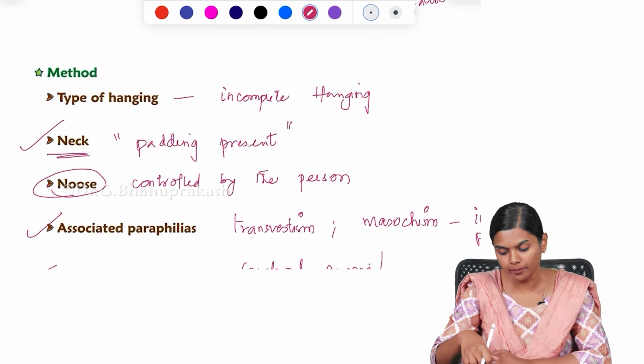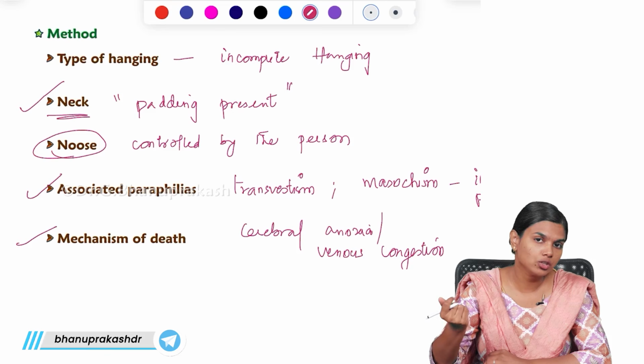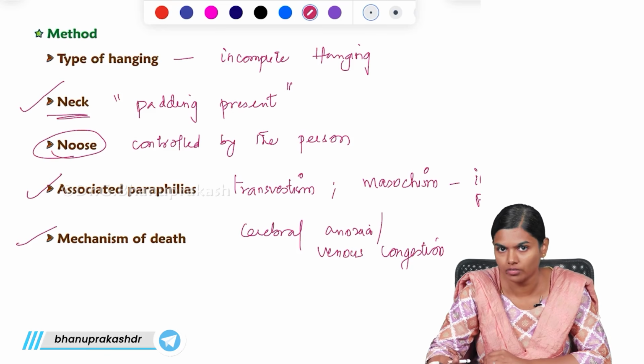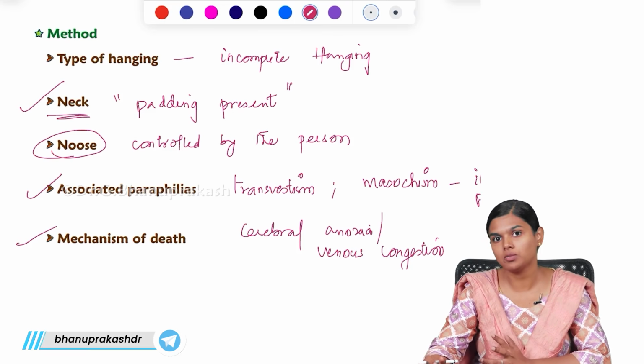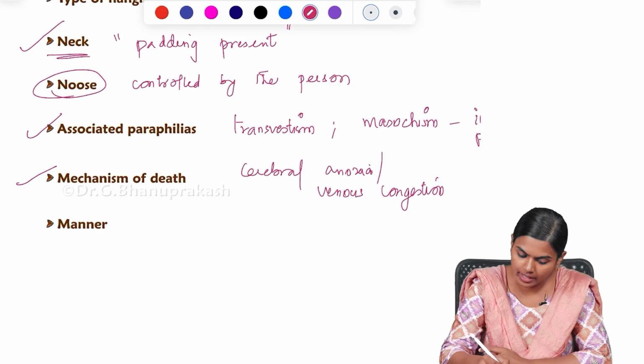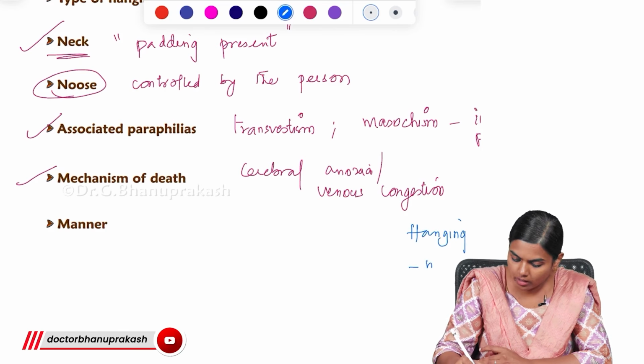What happens is that in few hanging cases, you will not get to see any ligature mark. I have told you that ligature mark is a classical finding in case of a hanging. So whenever you see a ligature mark, you immediately think of hanging. But sometimes in case of hanging, there will not be ligature mark.